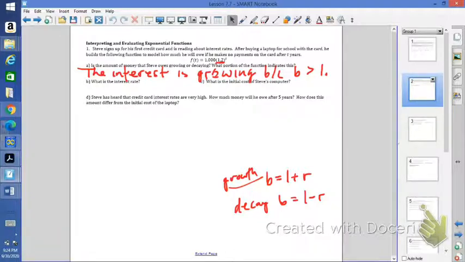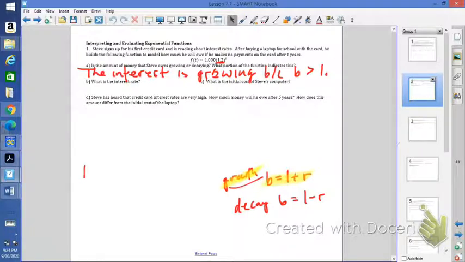Now in part B we're asked to find what the interest rate is. So I wrote down here, if we have exponential growth, our b is equal to 1 plus r, where r is whatever the interest rate is. So we just said that we have growth, so we're going to use this formula. We know that our b is 1.2, so we're going to plug in.